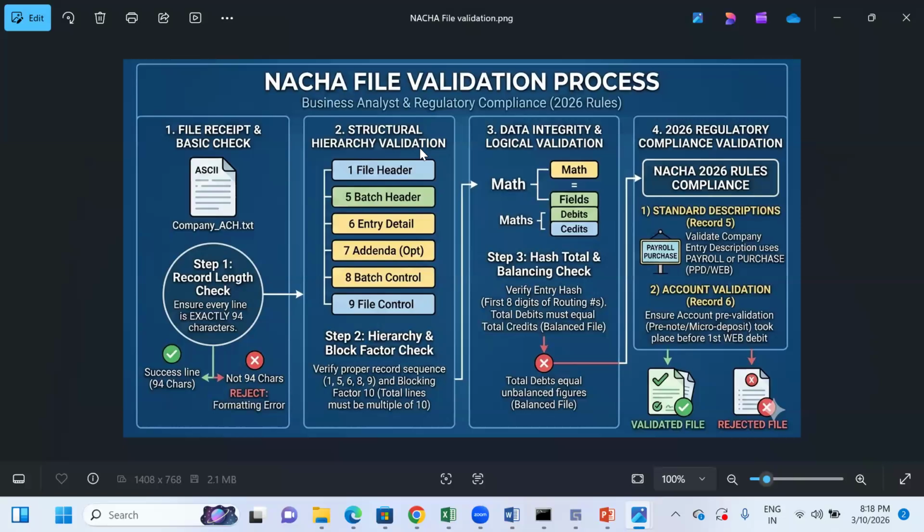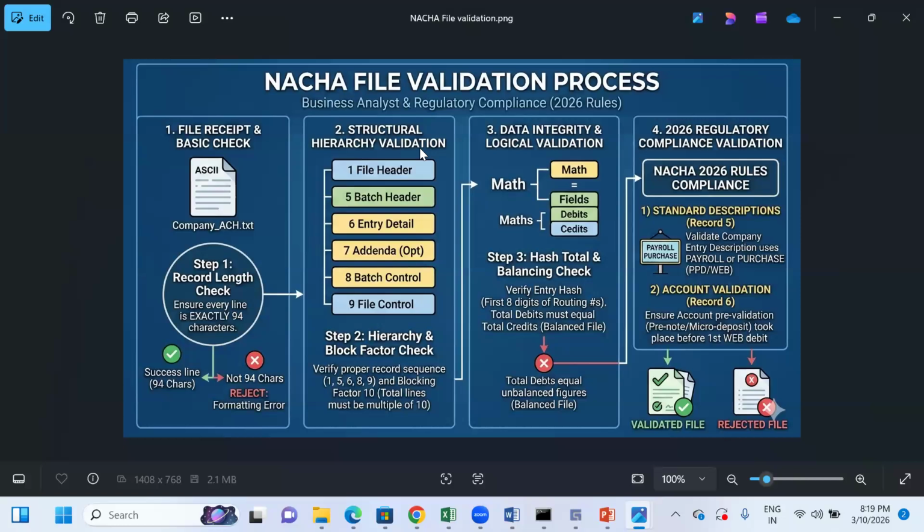Next is hash totals. Entry of hash types, usually these will be 8 and 9. In brackets, write down 8 and 9 types.